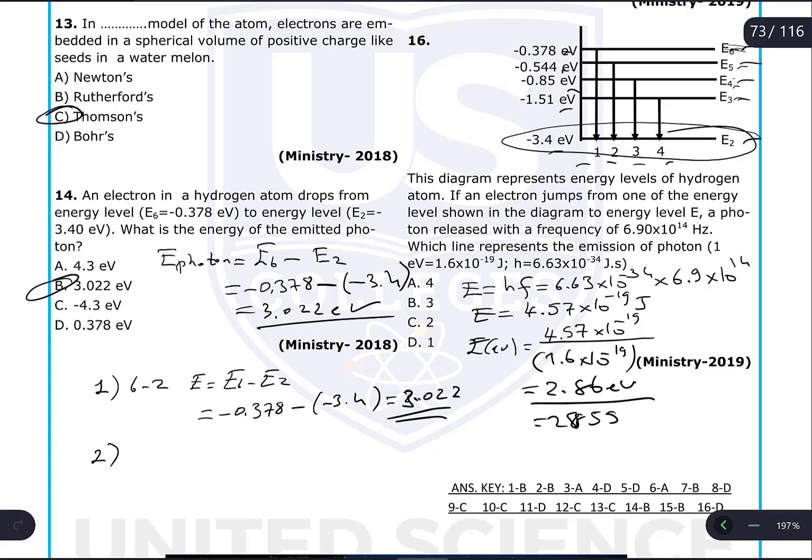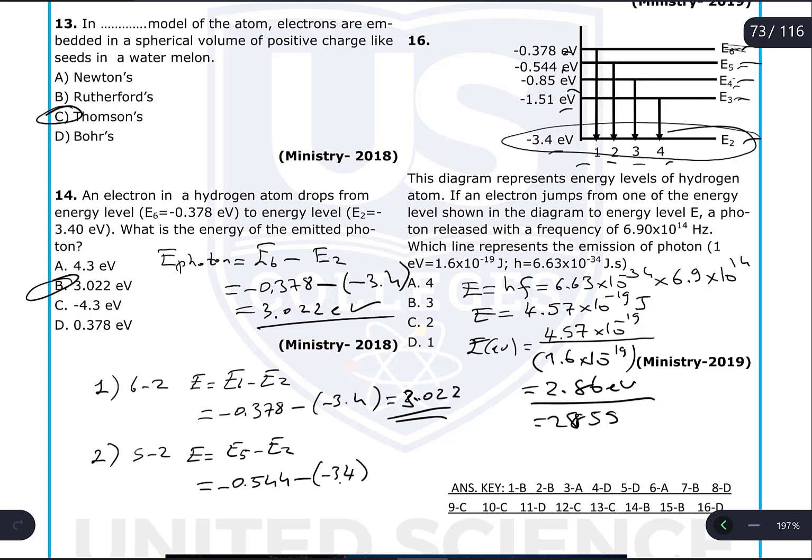Second transition line, let's check this. It is 5 to 2. Energy of the photon is going to be E5 minus E2. E5 is negative 0.544, minus E2, negative 3.4.